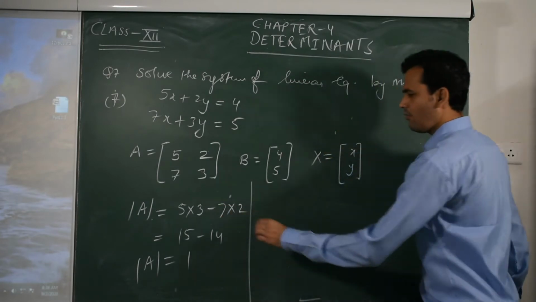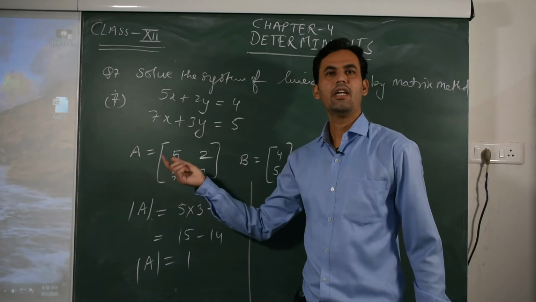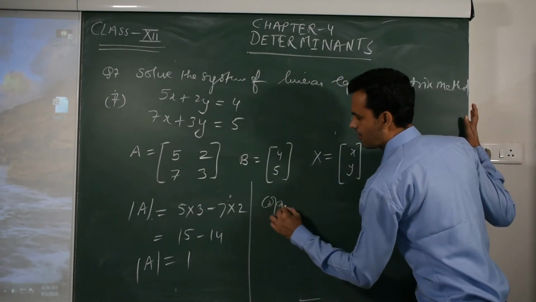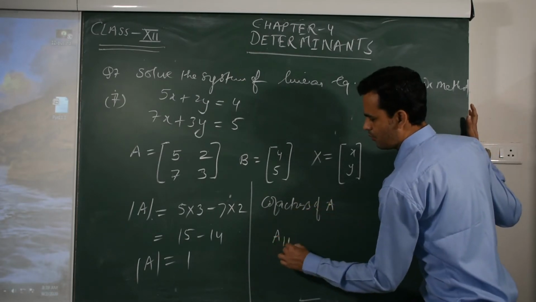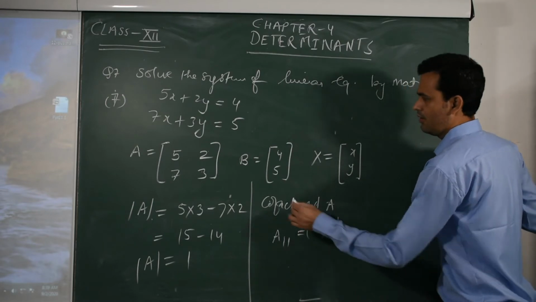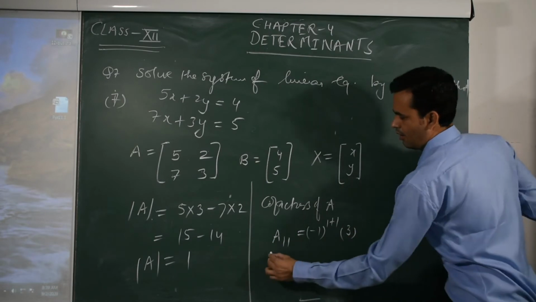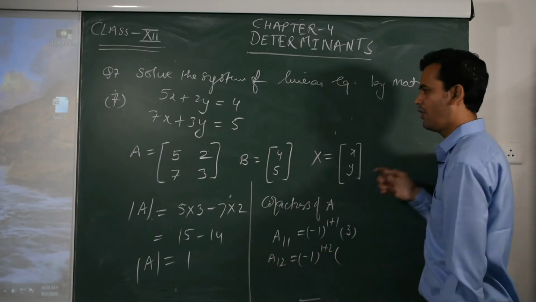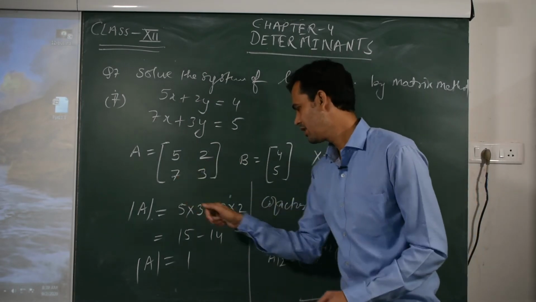So first we find determinant, and after that we find cofactors and adjoint of this A. So cofactors of A. For A11, minus 1 to the power 1 plus 1, cofactor of this element is 3. A12, minus 1 to the power 1 plus 2, first row second column, this element is 7.